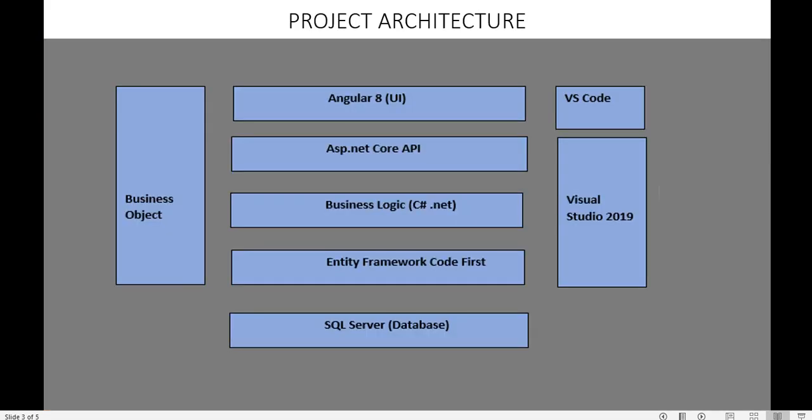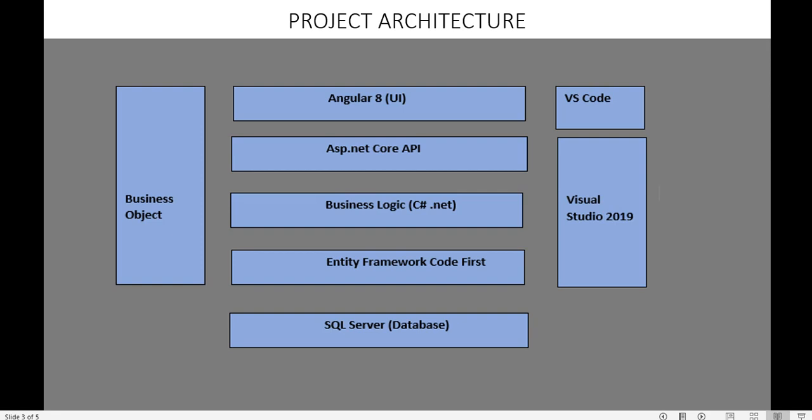So let's now discuss what the project architecture is and how it will work. Here you can see we have a couple of levels where we are going to design our Angular15 project. We are not going to create the SQL database or tables directly.